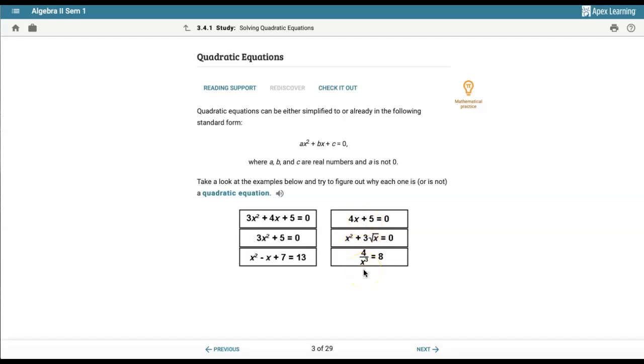And the reason for that is because we have to have that x squared, and we cannot have the square root of x, because that's like saying x to the 1/2 power, right? So it can only have an x squared, an x, and a constant, right? So if it has anything else, or if it's missing that x squared, it is not a quadratic. So this doesn't have x squared. This has an additional square root of x, and this one has 1 over x cubed, which again, x cubed is not in the quadratic.